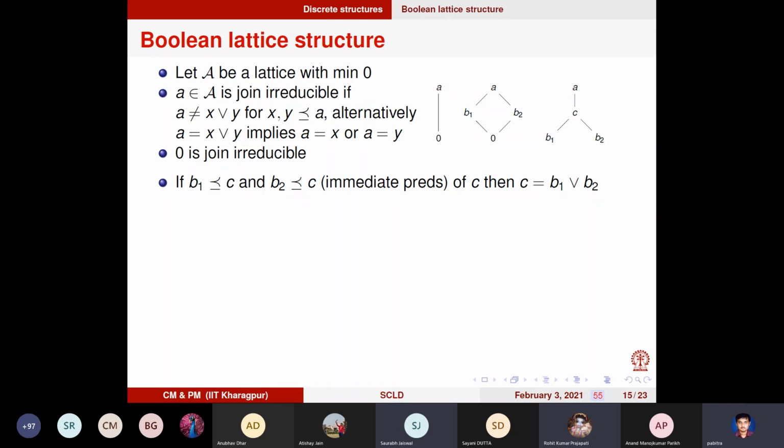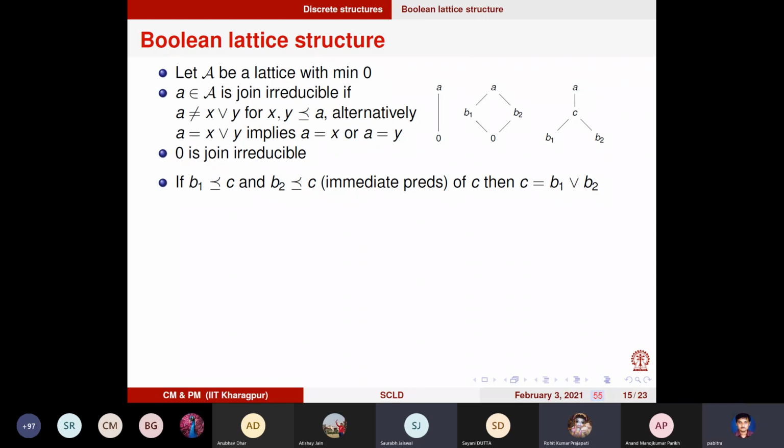In fact, the alternate statement and the first statement are equivalent only under these two conditions. If you don't assume that, then it does not hold.